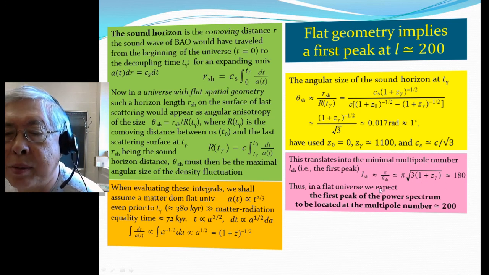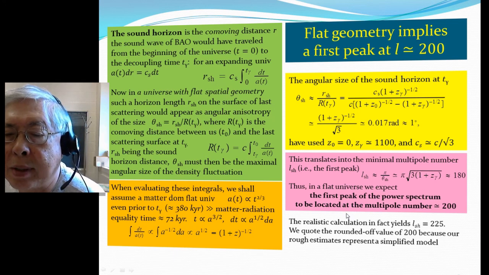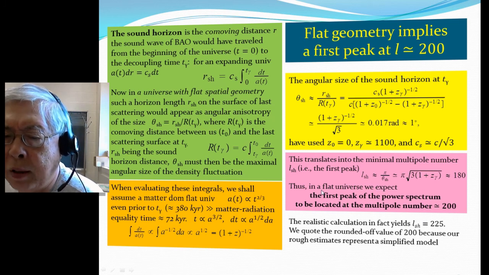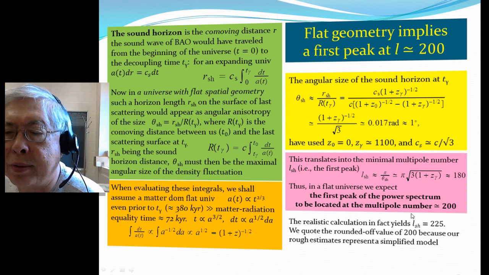Thus in a flat space, we expect the first peak of the power spectrum to be located at multipole number about 200. Okay. A realistic calculation in fact gives l of the sound horizon about 225. So we just call the round number 200, because this is a very rough estimate representing a simplified calculation.